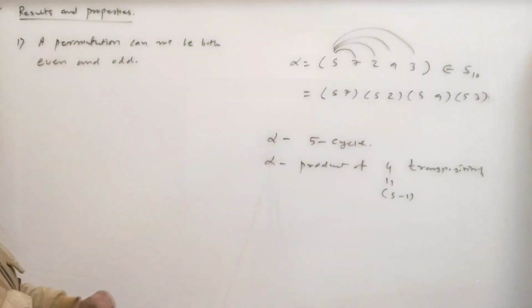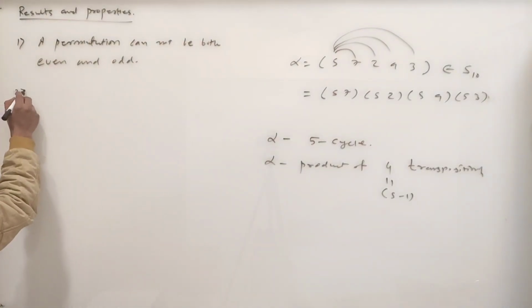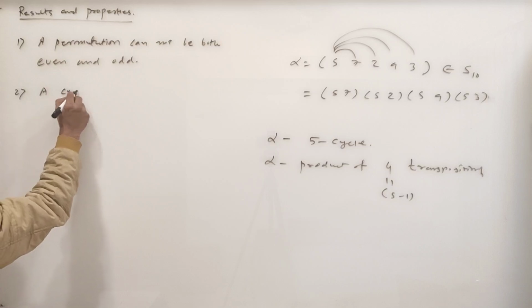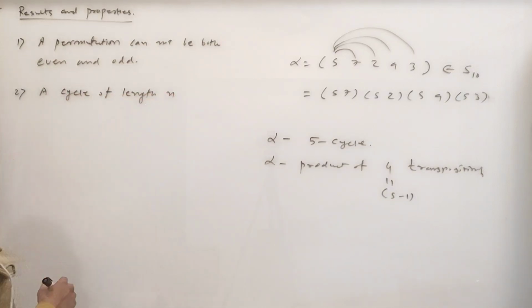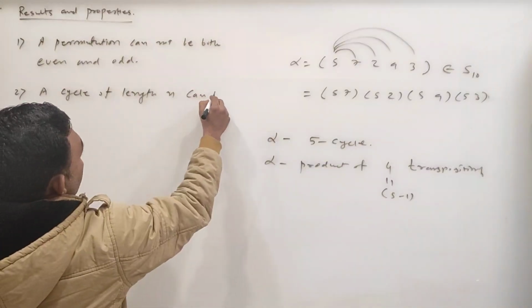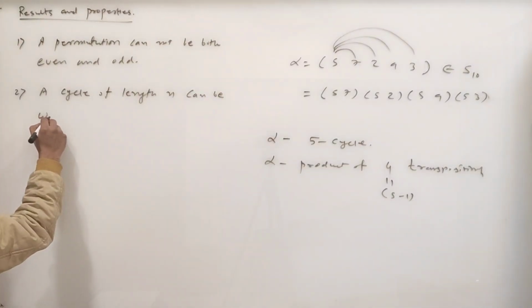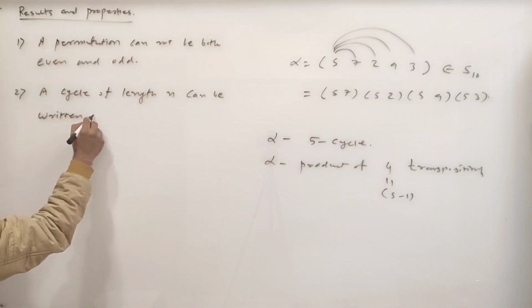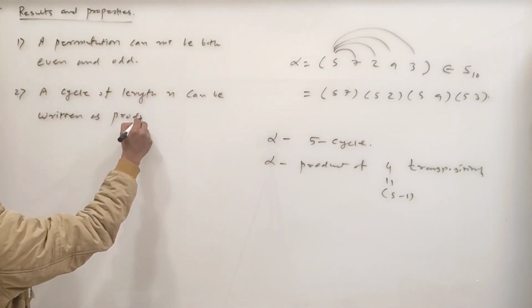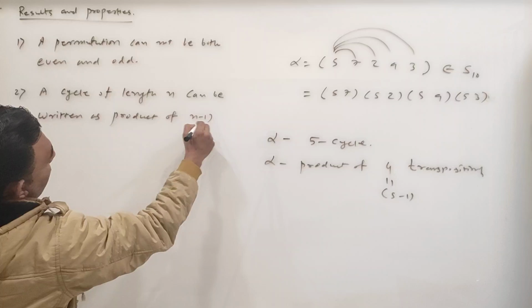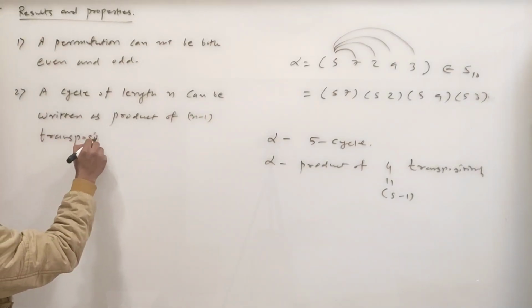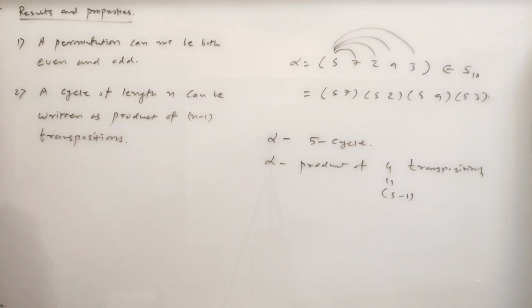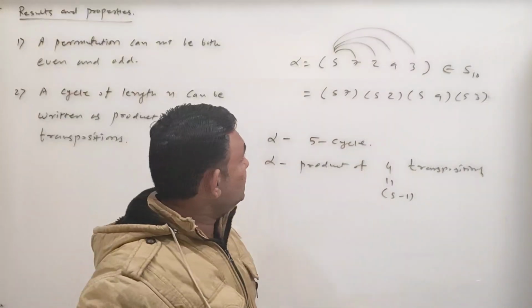So from this observation I can write this: a cycle of length n can be written as a product of n minus 1 transpositions.